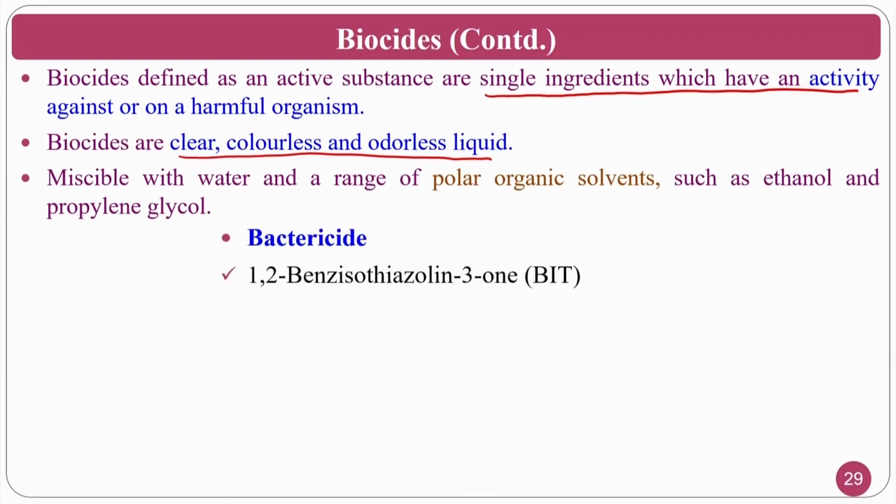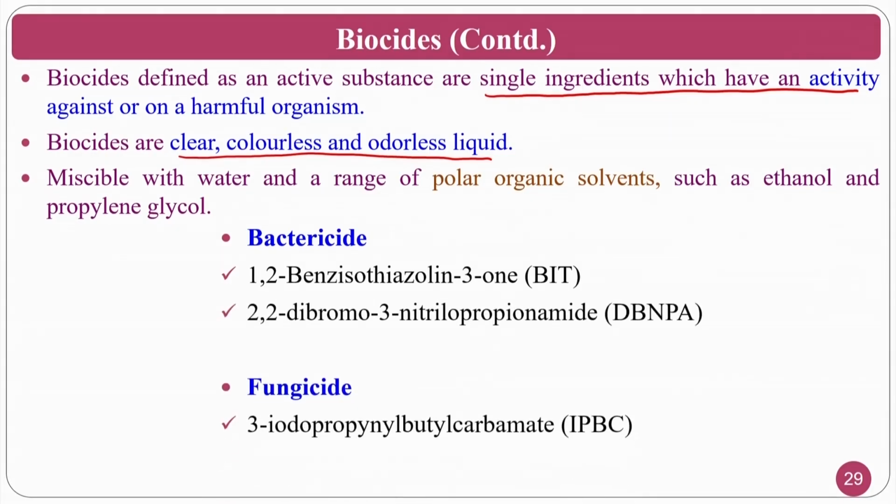Bactericides and fungicides are the two normal examples, and biocide is a combination of both. You can kill the bacteria, the fungus and other microorganisms also.